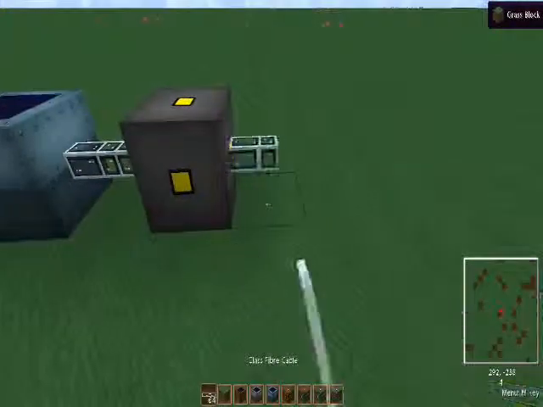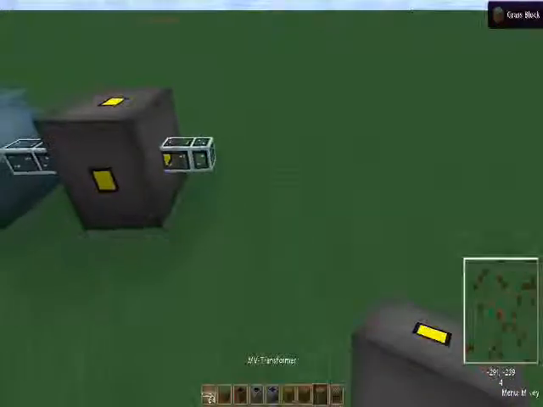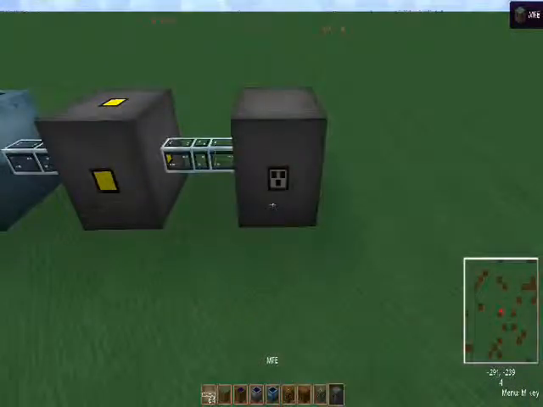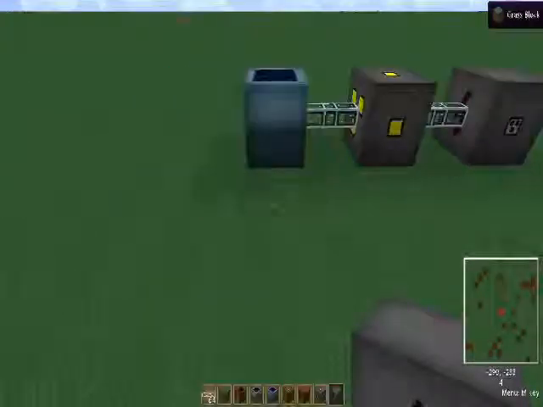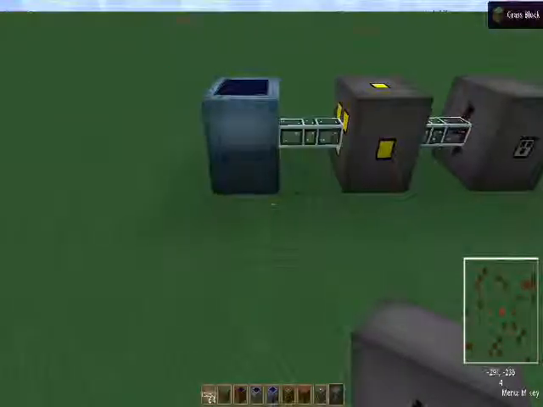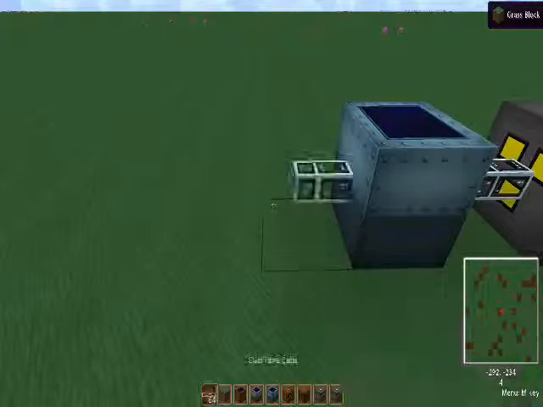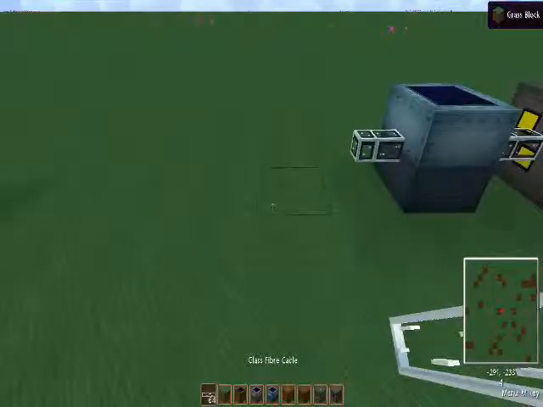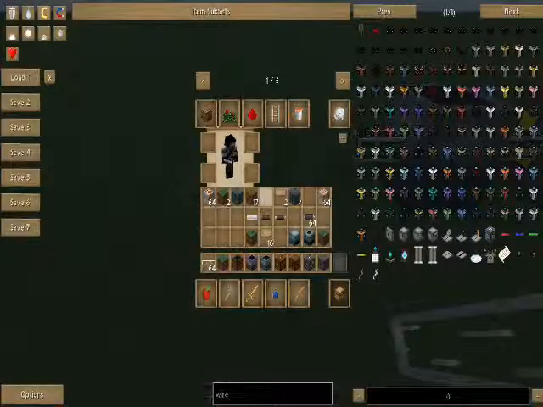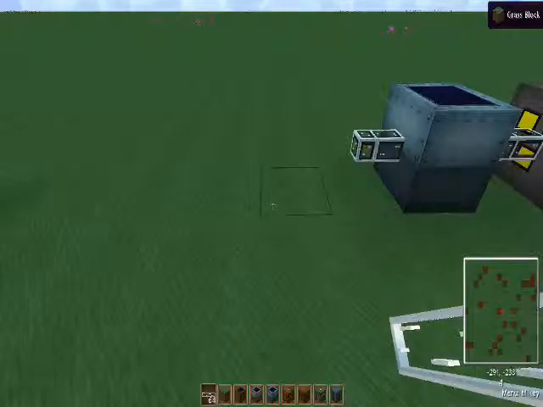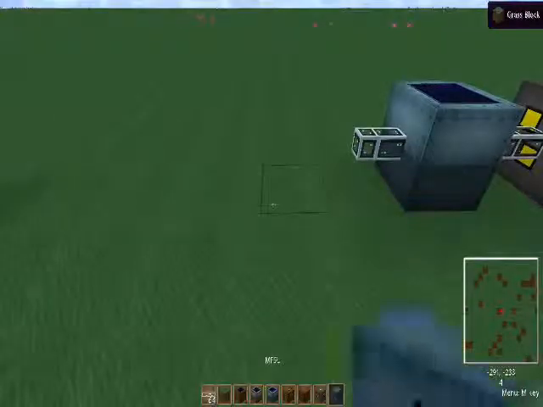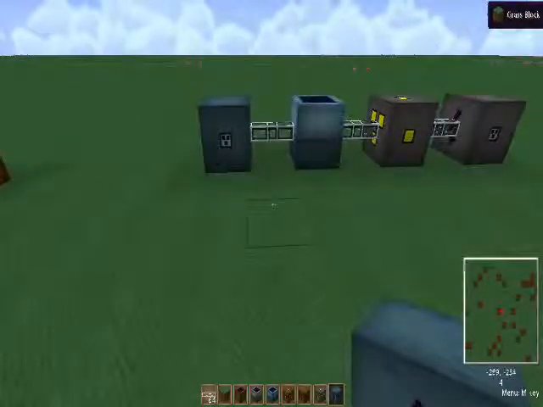Then we can hook it up to an MFE if we so please. Or we can hook it directly up to an MFSU, since the MFSU can withstand the power.